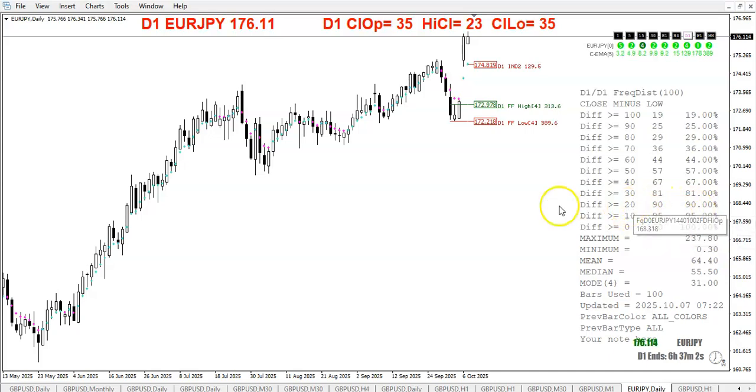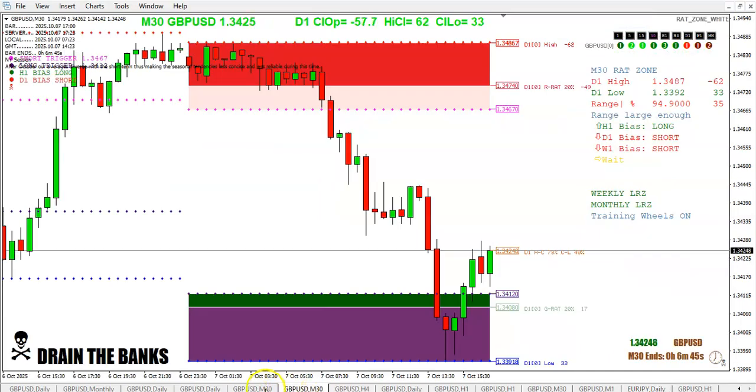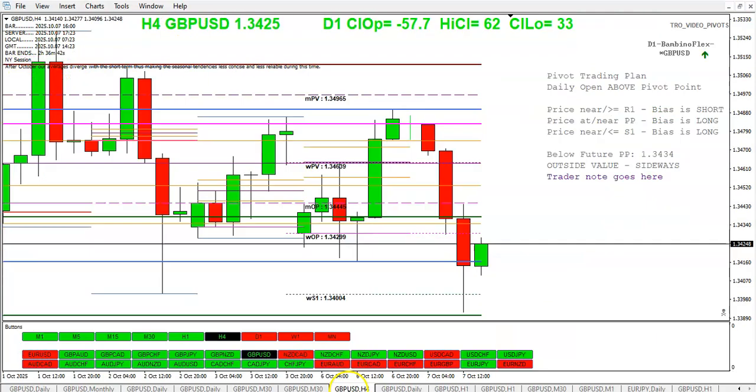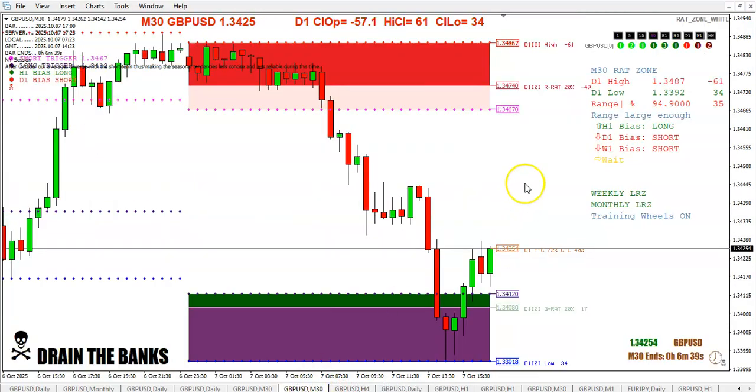So once again, somewhere between 10 and 20 would be the sweet spot. And then if you like to do those type of RAT reversal trades, you can use the Smart RAT. And maybe, let's see. There's the RAT zone. Oh, no easy way to put the Euro Yen on here. I don't have the changer.